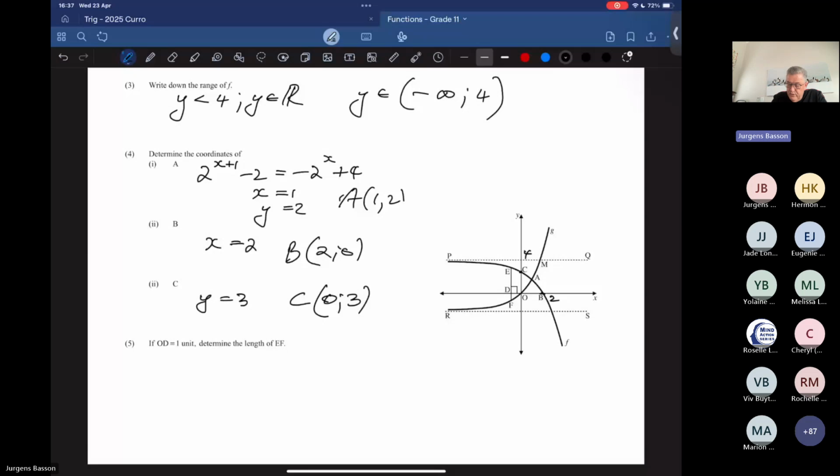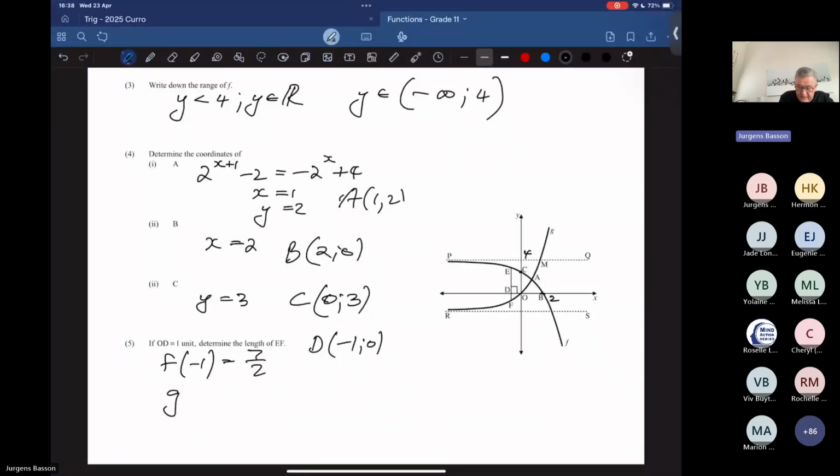They say if OD is 1 unit, find the length of EF. So they gave us the coordinates of point D. They say the length is 1 unit, so the coordinates are (-1, 0). And that means we must now find the two corresponding y values, the y value for F and the y value for G. Now, if we find F of -1, we get 7/2.